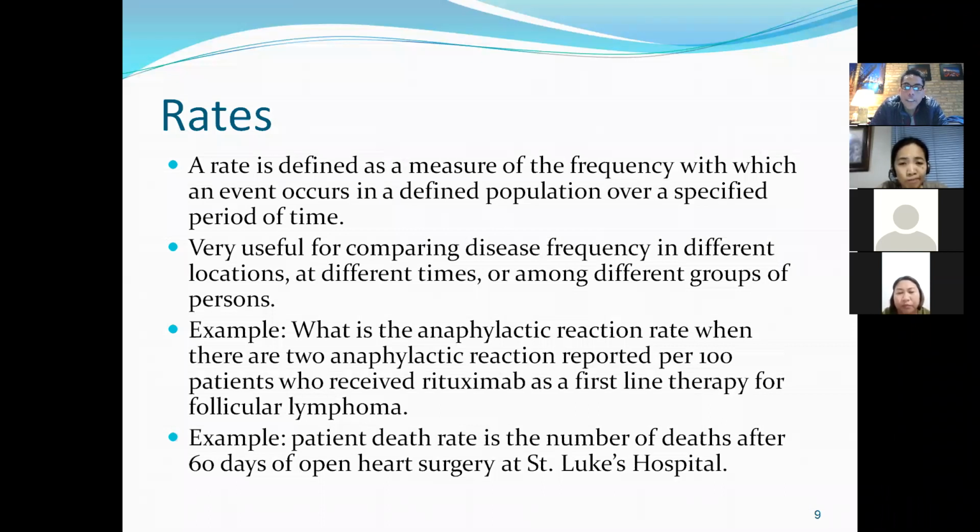So in this example, there are 2 anaphylactic reactions reported per 100 patients who receive rituximab, which is a murine monoclonal antibody, as a first-line therapy for follicular lymphoma, because rituximab is an anti-CD20 antibody, and lymphoma is a B cell disorder, and B cells are almost all CD20 positive.